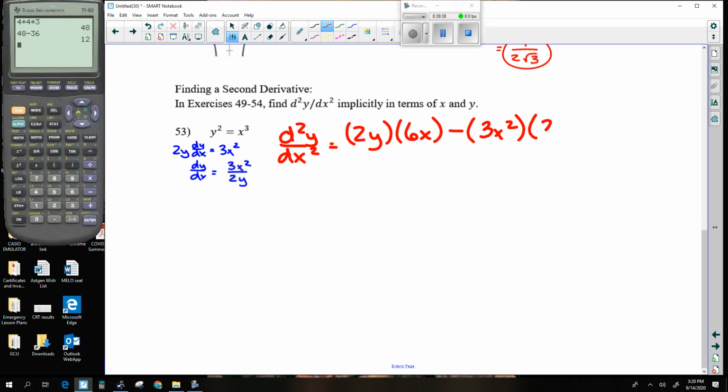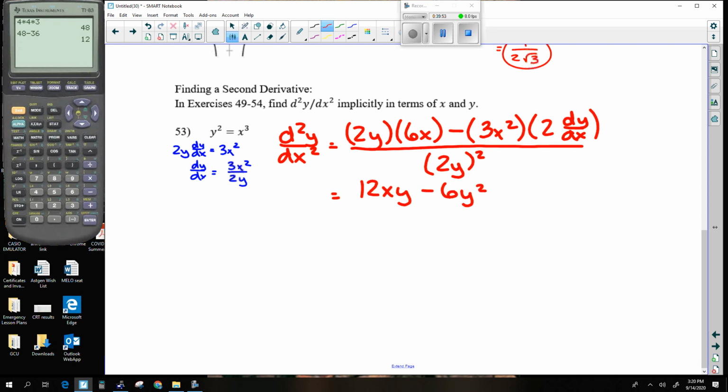Derivative of the bottom all over the bottom squared. Okay, so here's where it gets a little fuzzy.